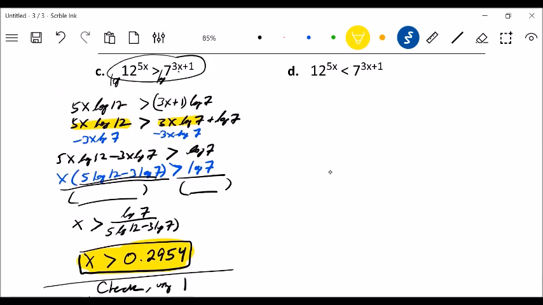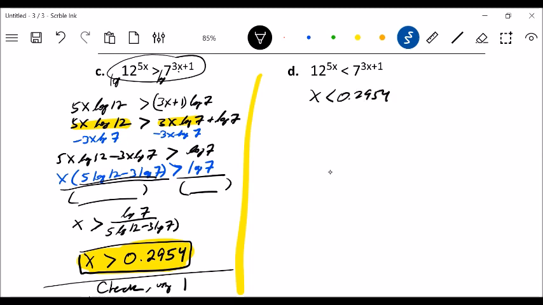Now we're going to do it with the less than. If I solved it the same exact way, I would have gotten that x is less than 0.295. So let's check: will it make this a true statement if you take a number that's less than that? Let's use x equals 0.